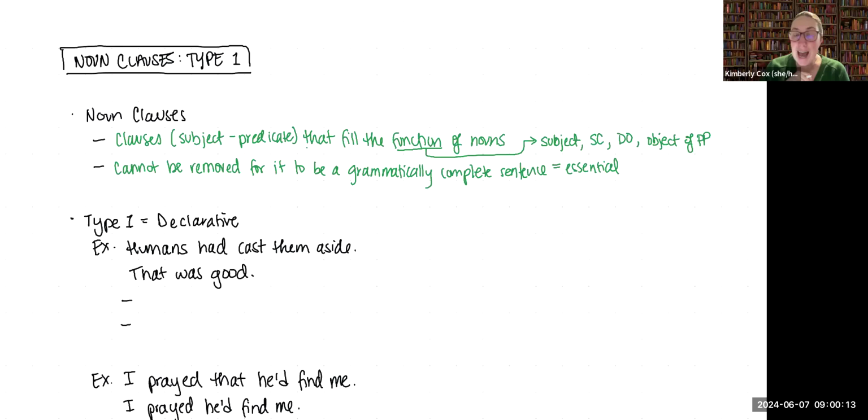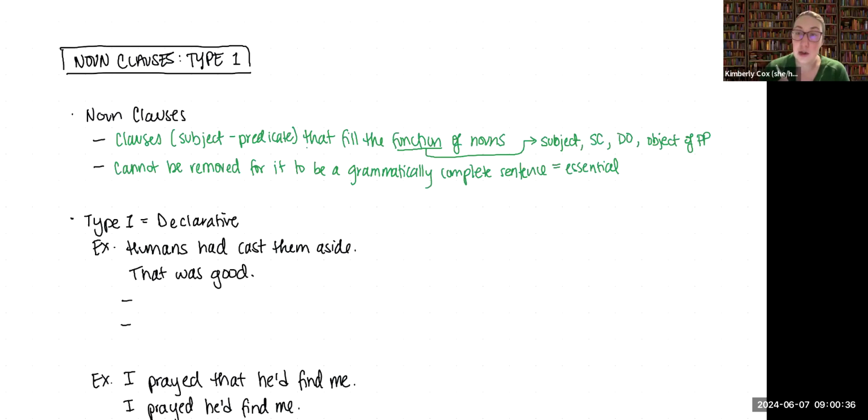So humans had cast them aside. That was good, right? So here we have two sentences, and what noun clauses, or clauses that function like nouns, allow us to do is to combine them. So I'm going to tell you about that, and then we're going to actually perform that.